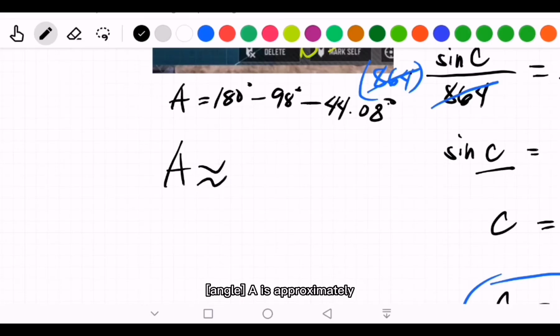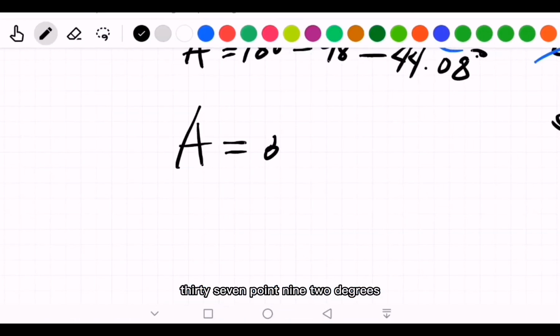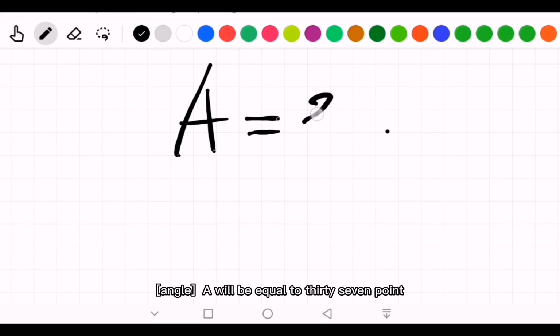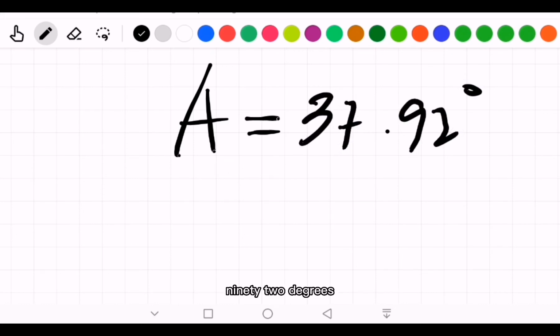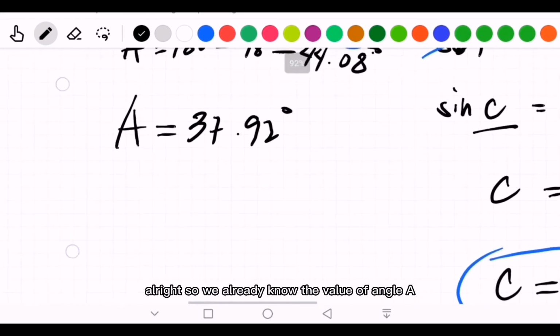So A is approximately 37.92 degrees. Okay, so we already know the value of angle A.